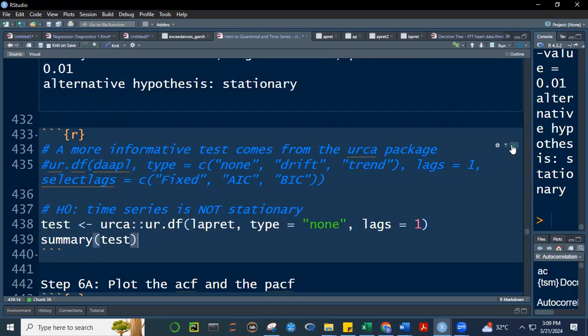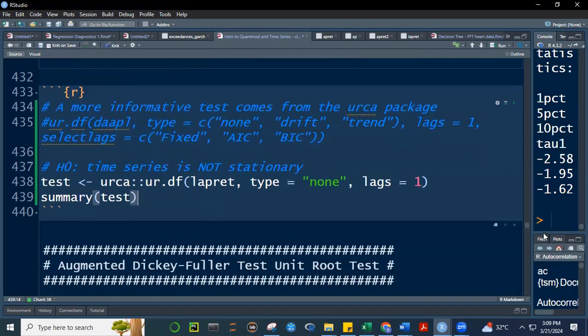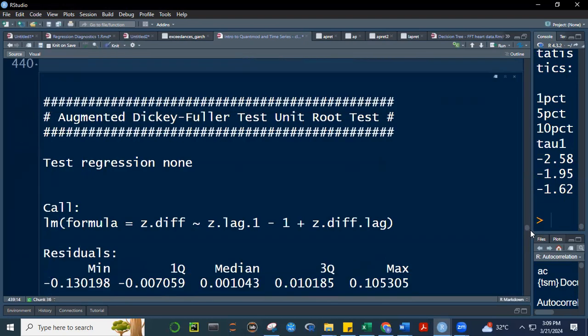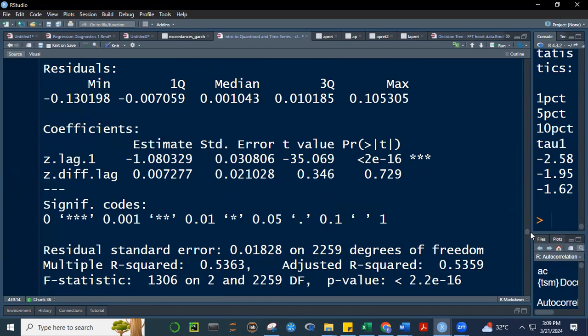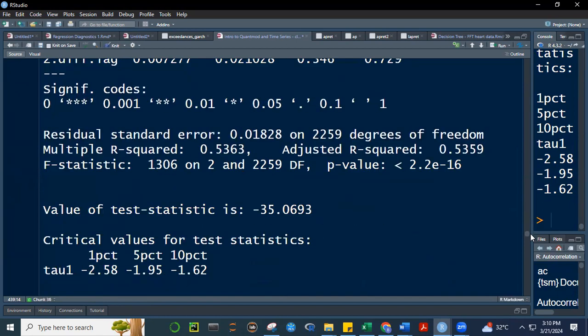If I run this, class, what do we have here? This is the full summary printout. Of particular interest for us is the value of our t-stat and the value of our critical values.